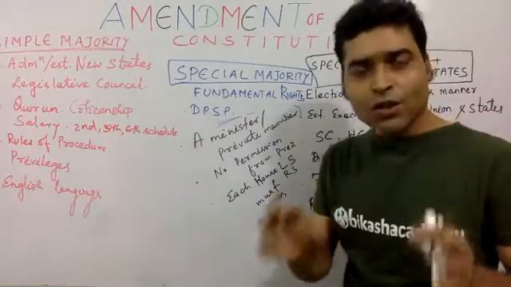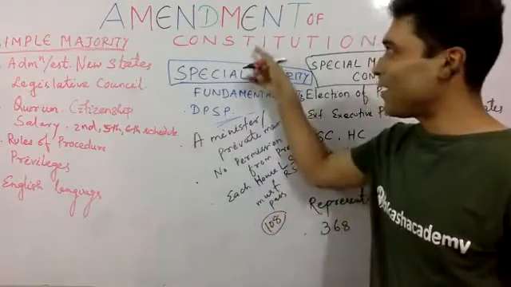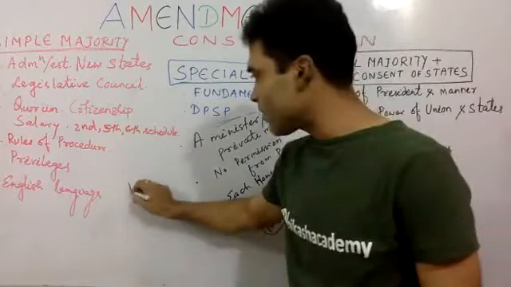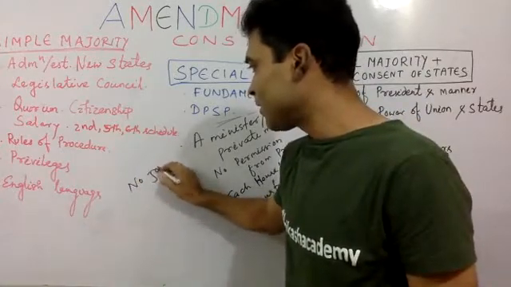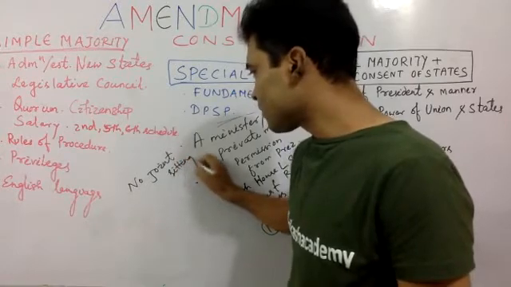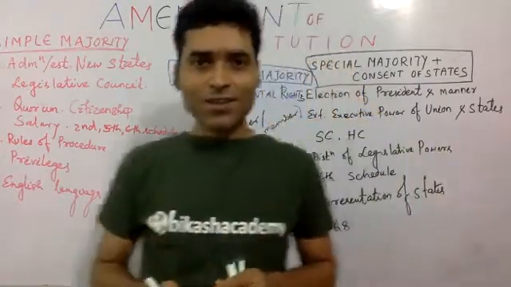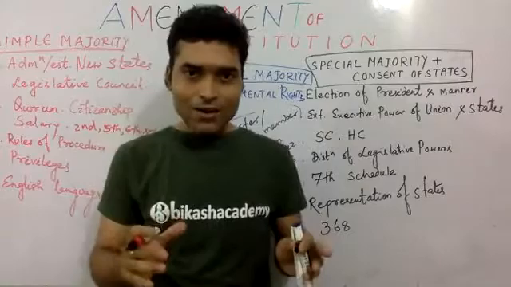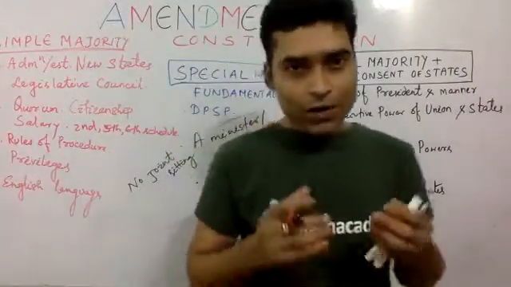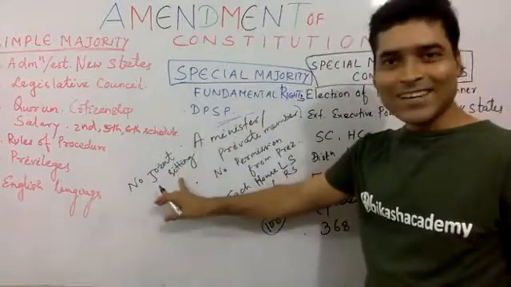But there is no joint sitting for amendment of the Indian Constitution. Another point, please remember, no joint sitting. Why is a joint sitting required? To remove deadlocks, or disputes or disagreement among the members.